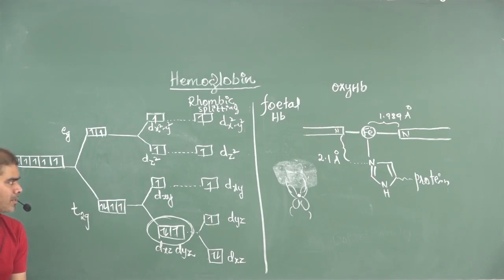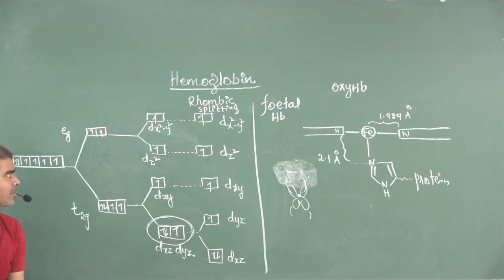Tetragonal distortions are due to weak bonding at the 6th coordination site.